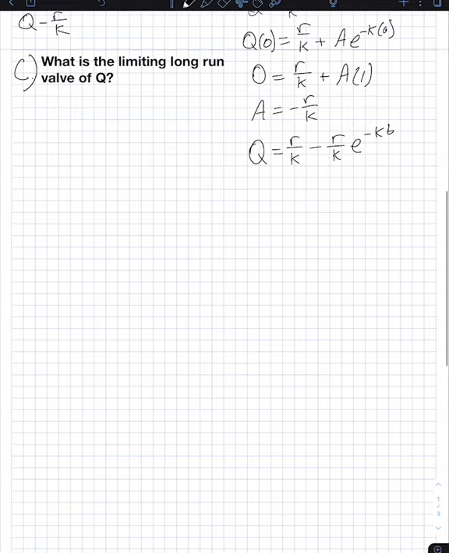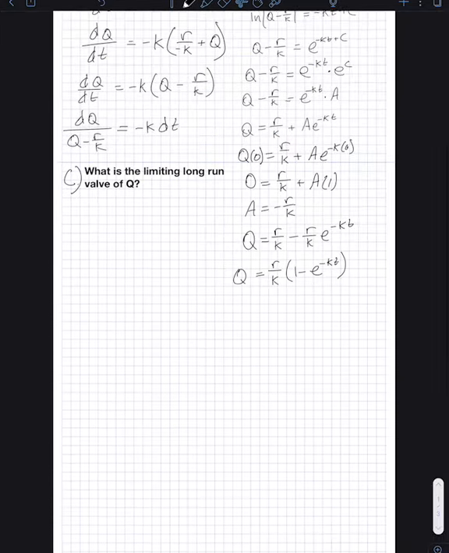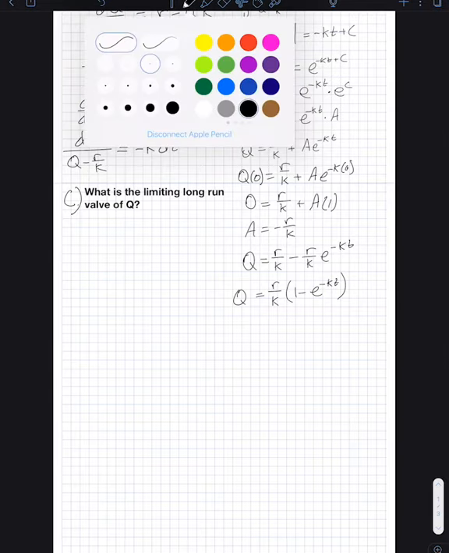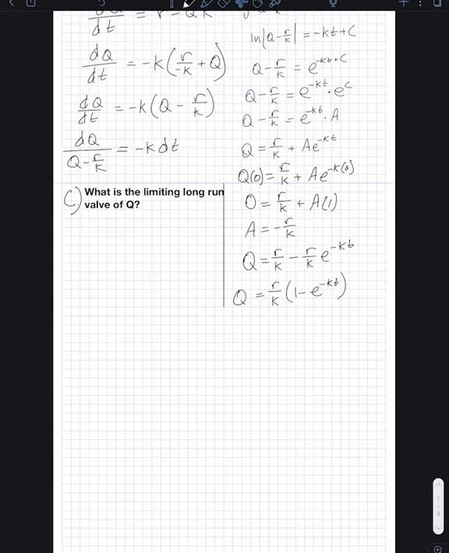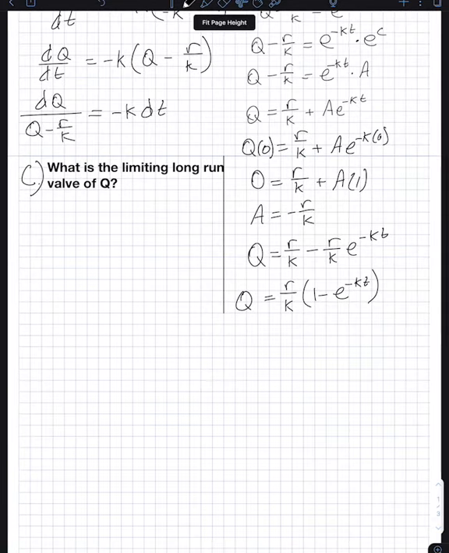Now we can look at the limiting long-run value of Q. We can take out the R/k factor, leaving 1 minus e to the negative kt. To find the limiting long-run value, we find Q at infinity by plugging infinity in for t. Q at infinity equals R/k times 1 minus e to the negative k times infinity, and e to the negative infinity is 0.